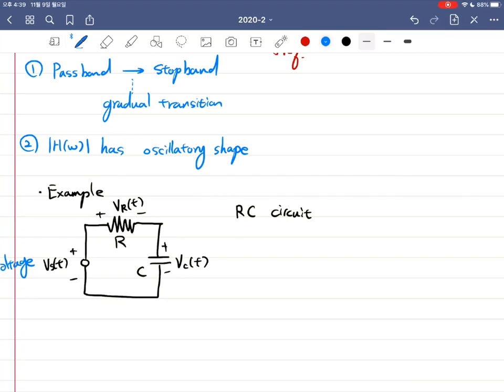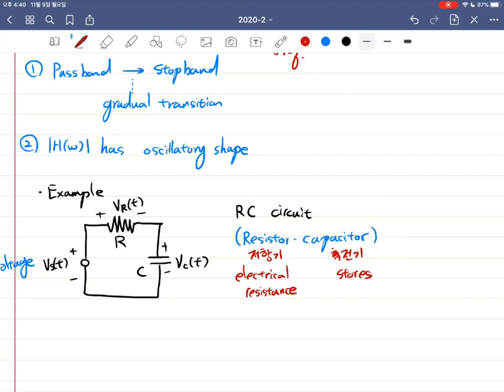RC stands for resistor and capacitor. And by the way, I know you already know that, but in Korean, resistor is called 저항기 and capacitor is 축전기. The resistor has electrical resistance, whereas the capacitor stores electrical energy.